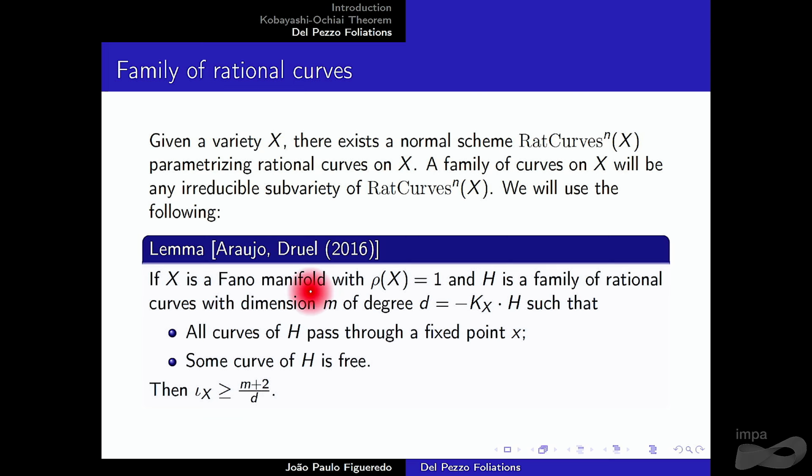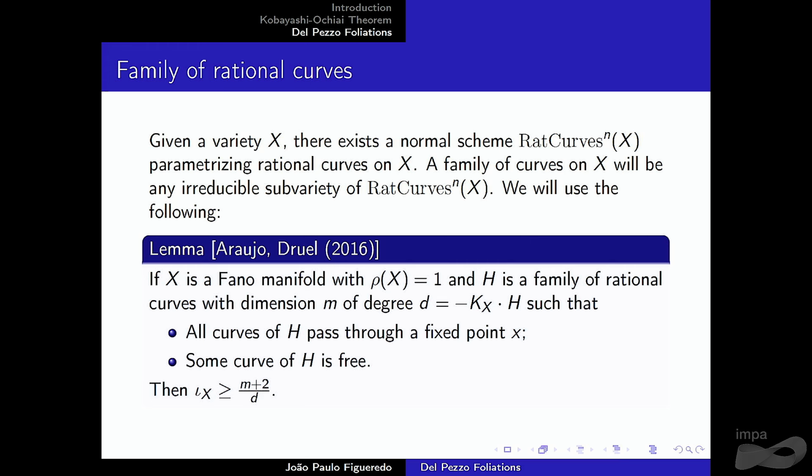If X is a Fano manifold with Picard number 1, and H a family of rational curves with dimension m and degree D given by the anticanonical polarization, such that all curves of this family pass through a fixed point of X, and some curve of H is free, meaning it covers X, this will imply that the index of the Fano manifold is at least (m+2)/D.